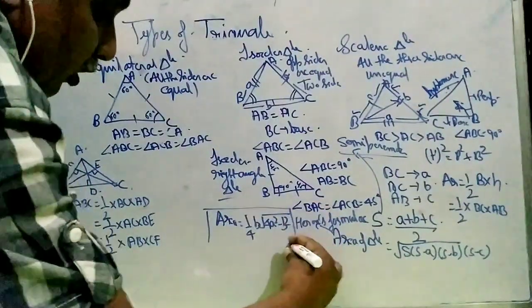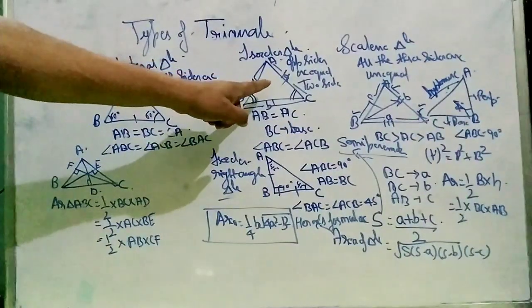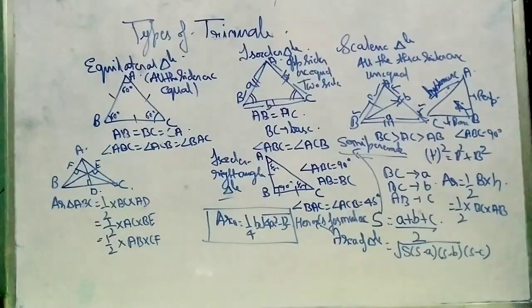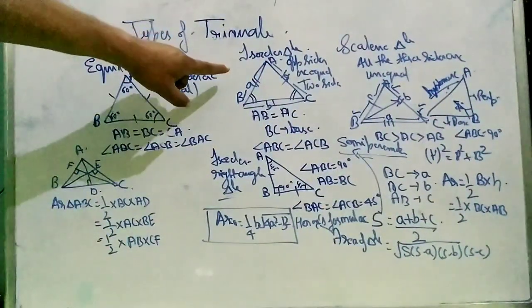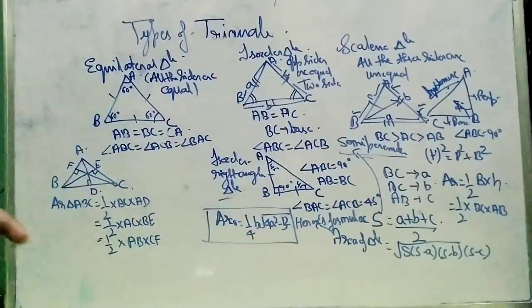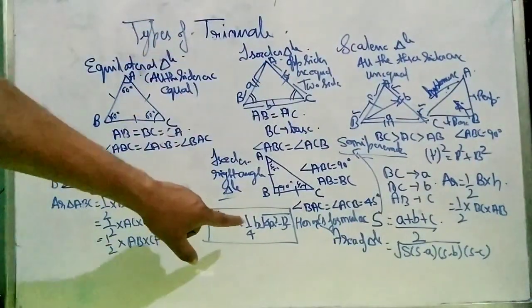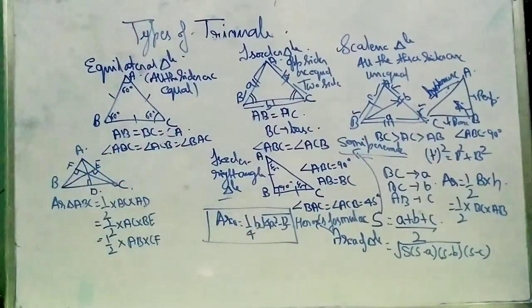This is the formula to find out the area of an isosceles triangle, where b is considered as the base and a is considered as the equal sides.